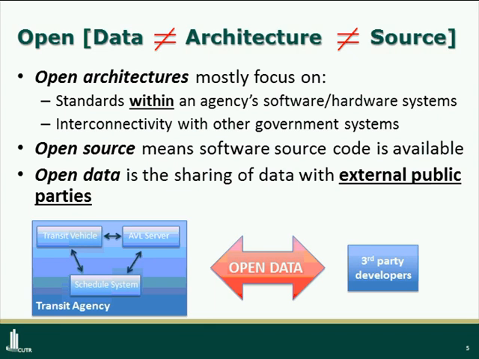So finally, what we're going to be talking about today, and what people typically refer to with the term open data, is the sharing of the data with external public parties. So this is John Doe, who's a member of the general public, who can somehow access the data from the transit agency to produce an application, and there's not necessarily any pre-existing business relationship or particular access credentials between the third-party developer and the transit agency.